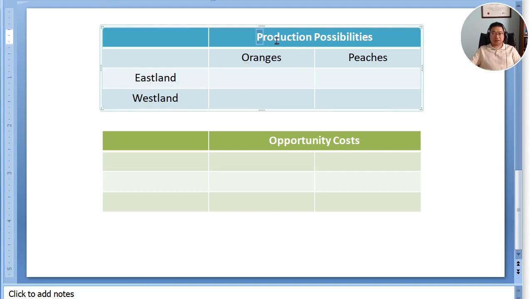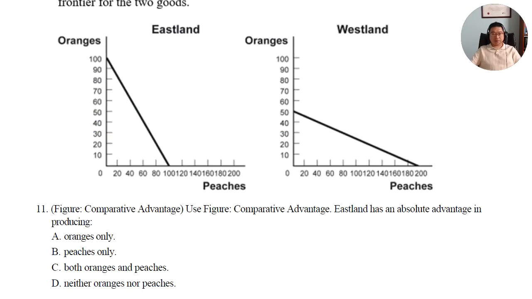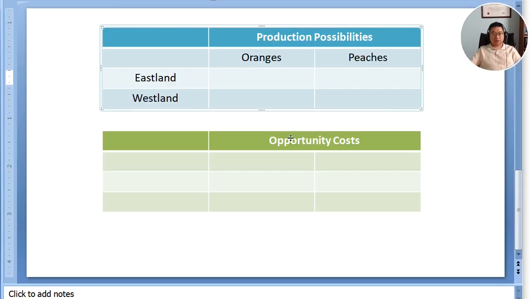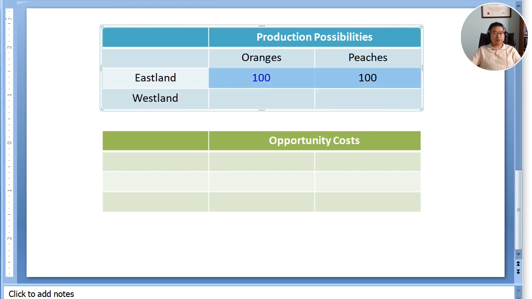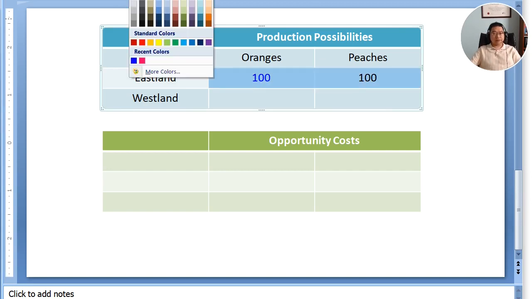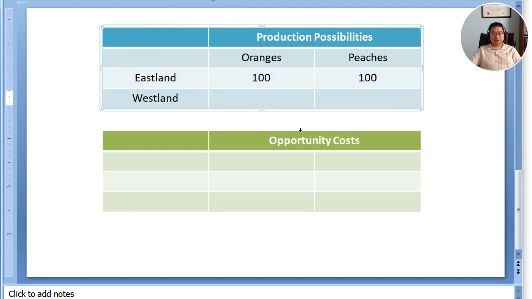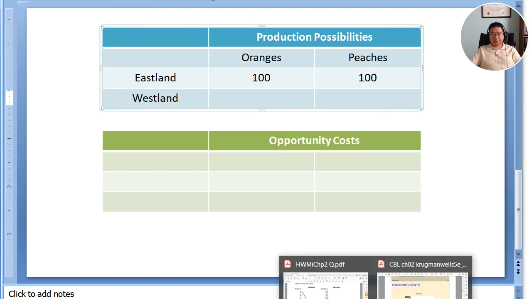You can see in this table, I need to get the numbers in, right? For Eastland, it's 100 and 100. Now I want to have the regular color for my fonts. And then Westland, I have what?